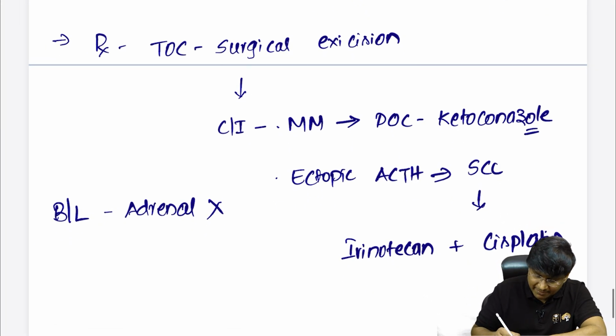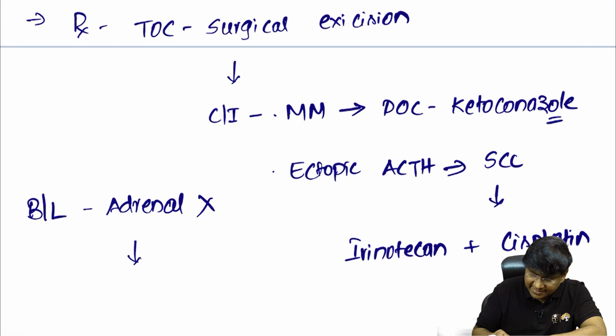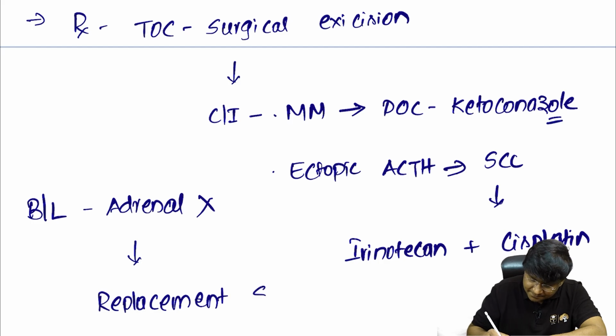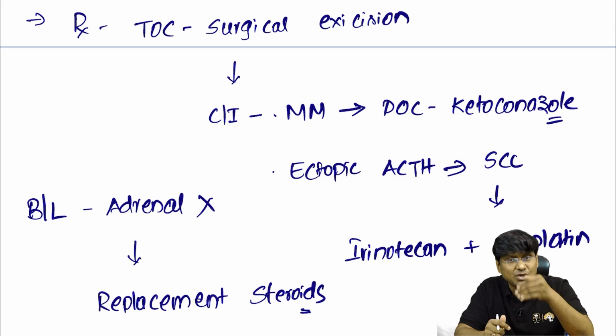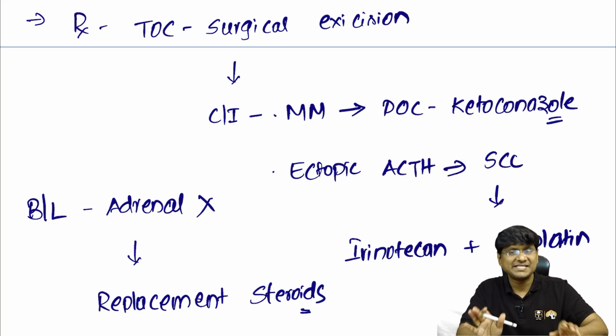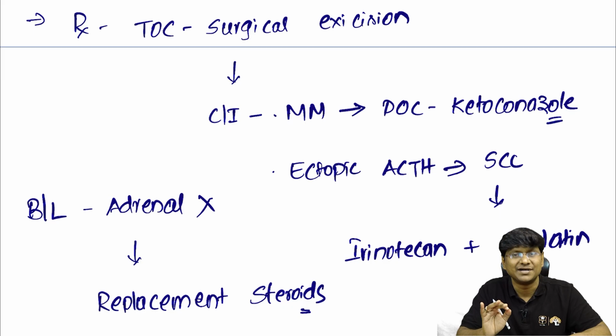So in this scenario, you need to give replacement steroids, that includes hydrocortisone. So this is about Cushing's in quick recap.